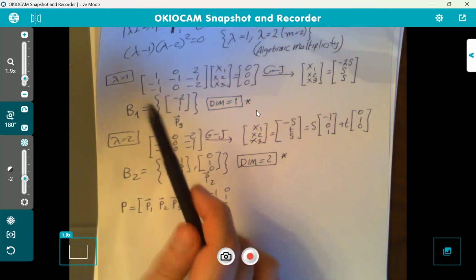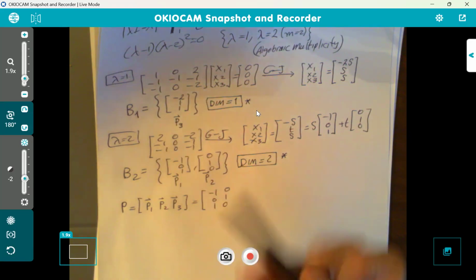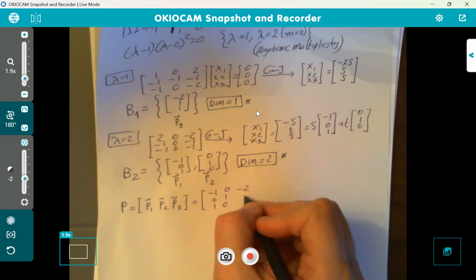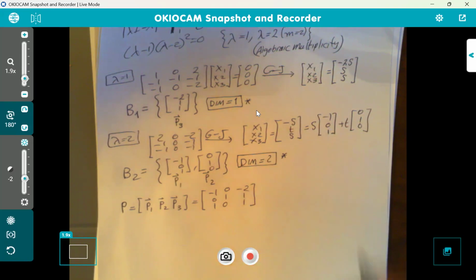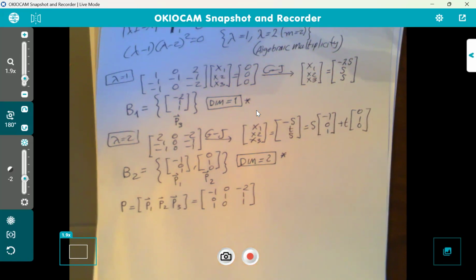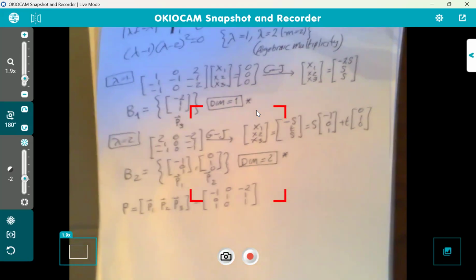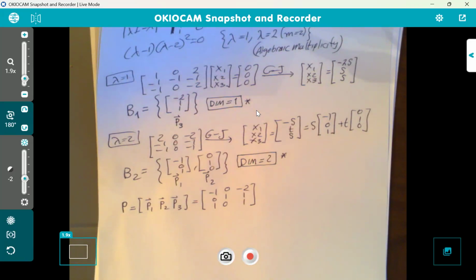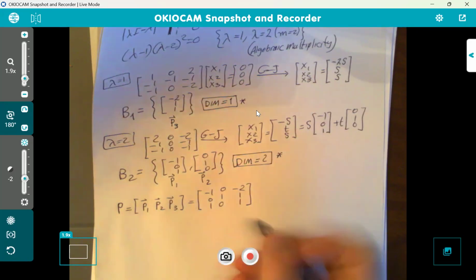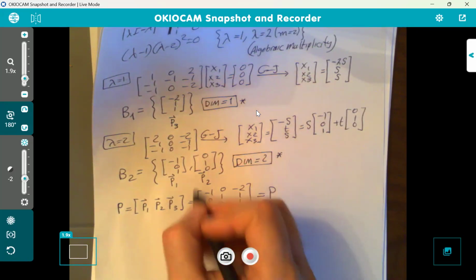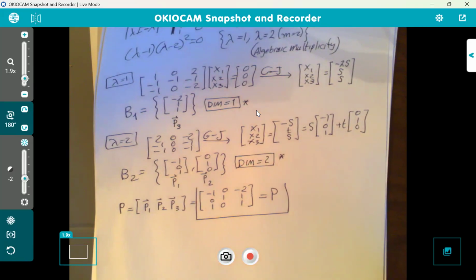And corresponding to lambda 1, I have this vector, -2, 1, 1. Okay, so hopefully everyone's still good. Now, this is matrix P. There you go. This is how you form that matrix P.